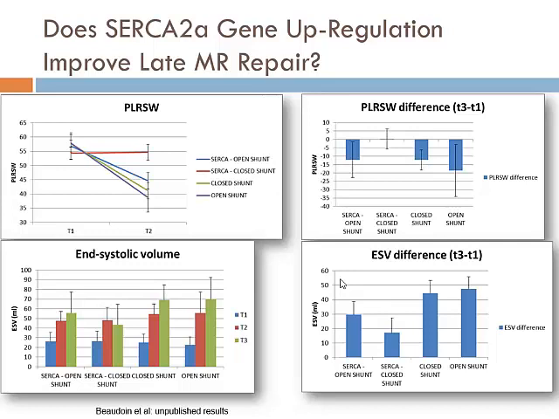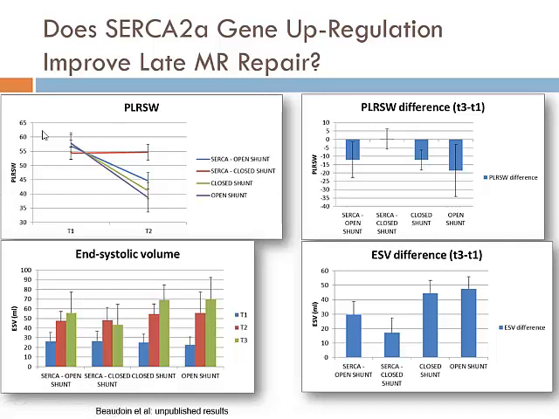So we gave those animals the SERCA2 and we repaired late, like we did in the first experiment, after 3 months, and we compared again the volumes and the contractility.